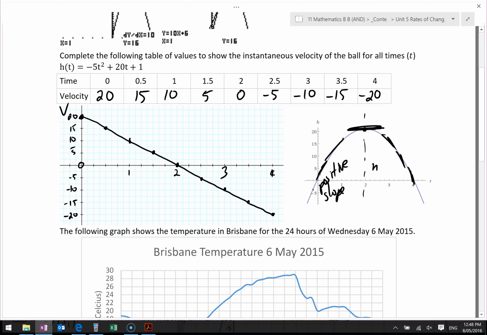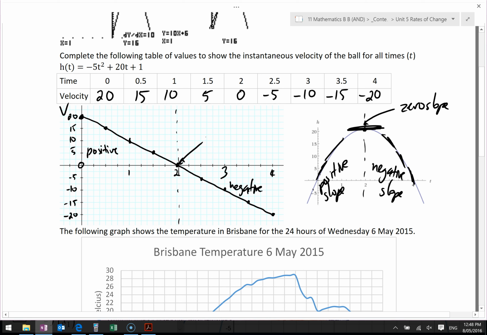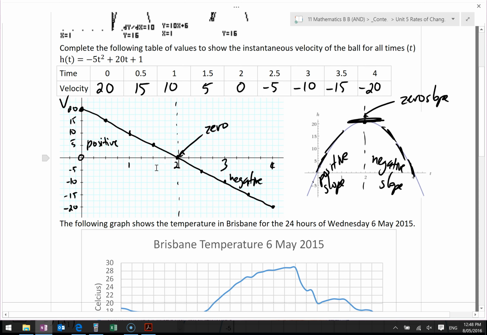Positive slope, negative slope, 0 slope, and we can see that here as well. All of this is positive, all of this is negative, and this here is 0. Yeah, that's a really key concept. Okay, so you can use that to check your answers, okay, and to improve your understanding.